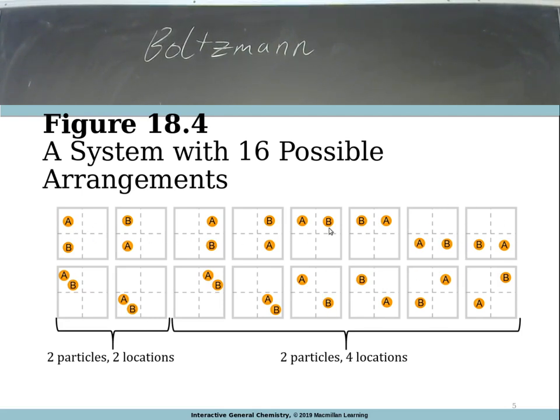Each of these different configurations is called a microstate. And so you can see there's a total of 16 microstates.